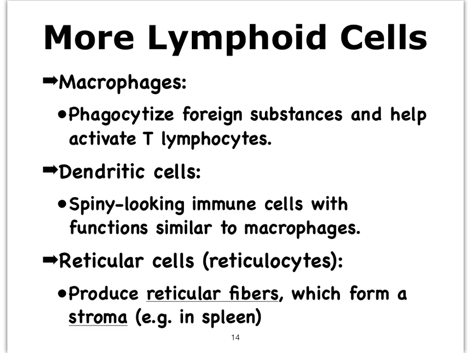And then we have reticular cells, sometimes called reticulocytes, and they're very similar to our fibrocytes or fibroblasts in that they produce fibers. More specifically, reticulocytes produce reticular fibers, which help form the stroma, in between which our blood cells, white blood cells, sometimes red blood cells, can hang out. And we'll see that on pictures in a future video.